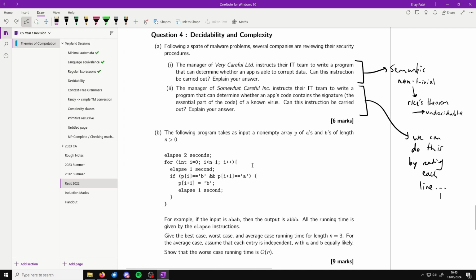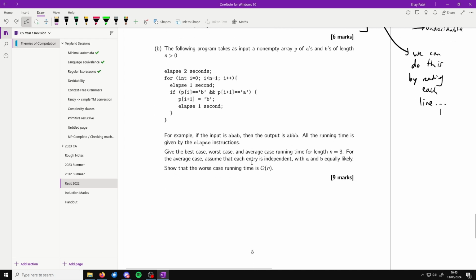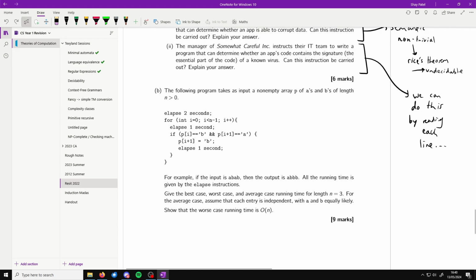The following program takes as input a non-empty array P of A's and B's, of length more than 0. It elapses 2 seconds, and then for every character except the last, it waits a second.